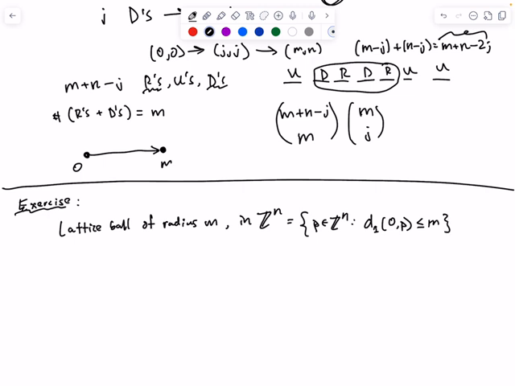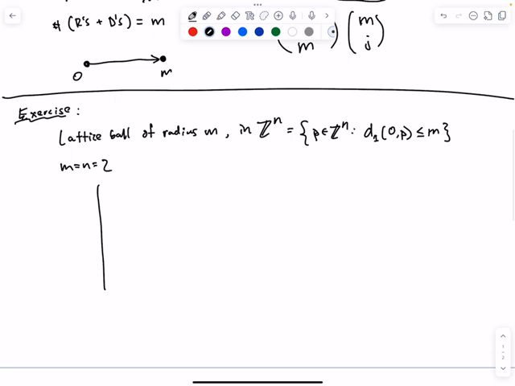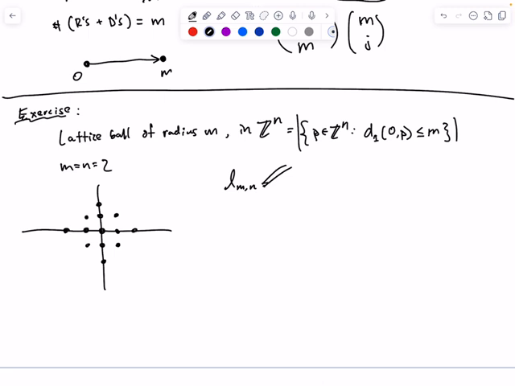In the simplest case, when m and n are both 2, we're in the plane Z^2, and our taxicab distance is at most 2, so our lattice ball looks something like this. And we define L(m, n) to simply be the size of this set. The exercise is: how do we compute L(m, n)?